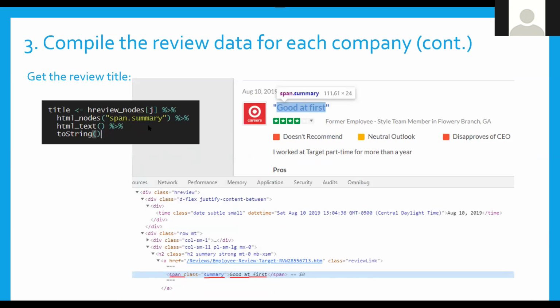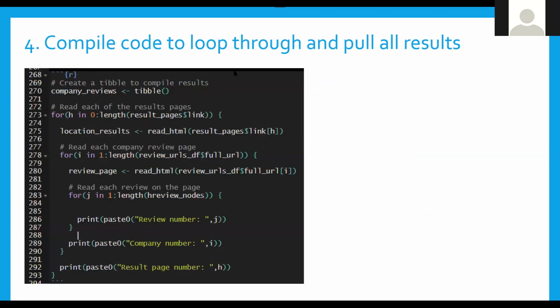Next up, say we want to grab the review title. Here we grab the span node with class of summary, and then we get the value of the text. So that would return "Good at first." All right, so we've walked through the three main steps to get each data piece.